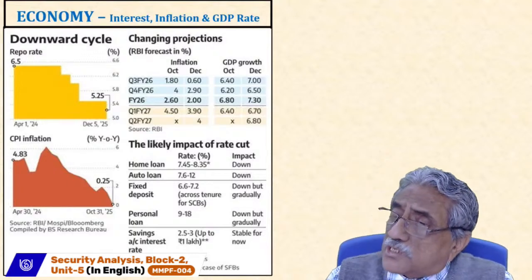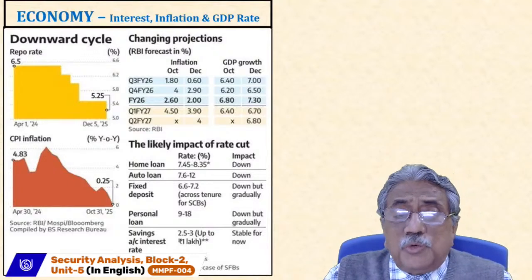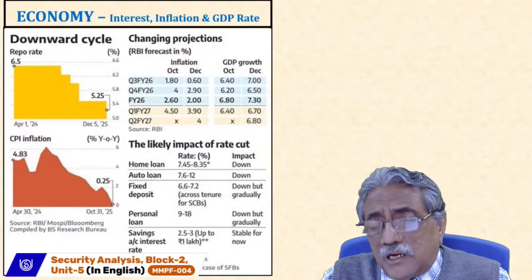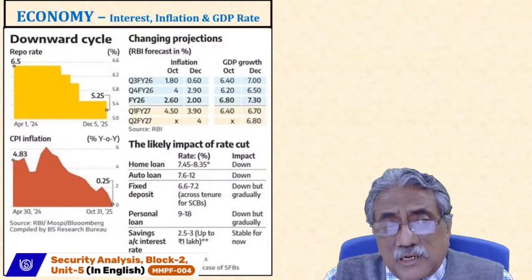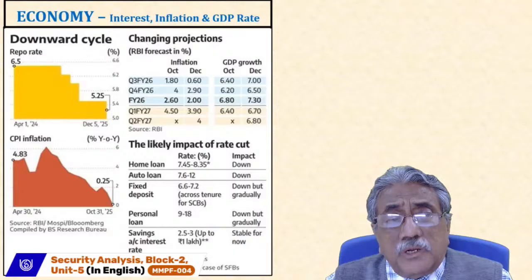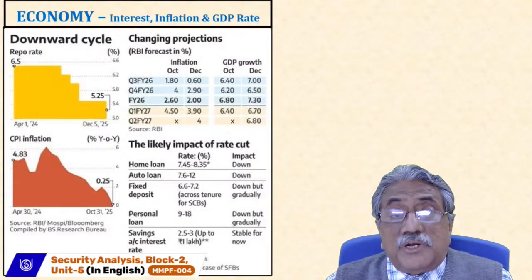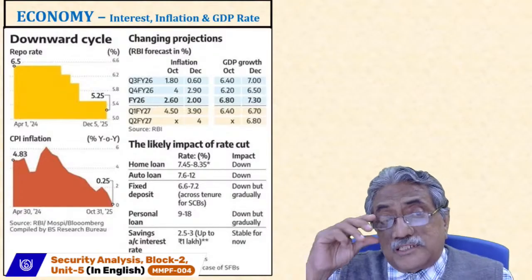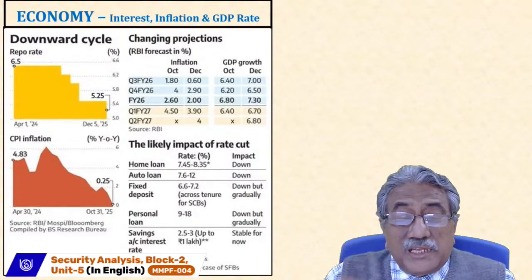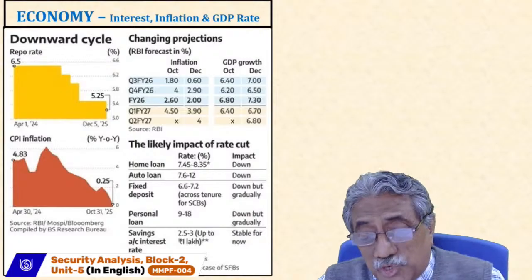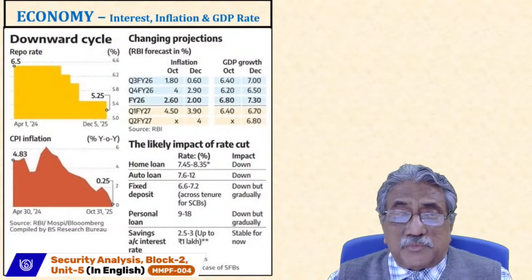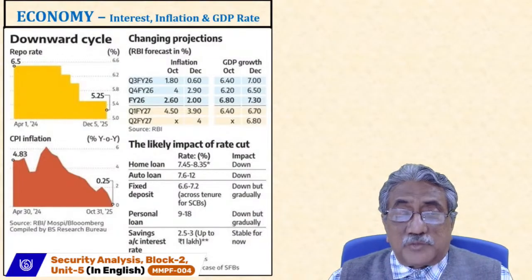And this forecasting will be done by the economists and intellectual people, based on which the companies and others will take a decision: okay, this is the time to raise money in a big way, or wait for some more time. So that I can raise big money for my investment.